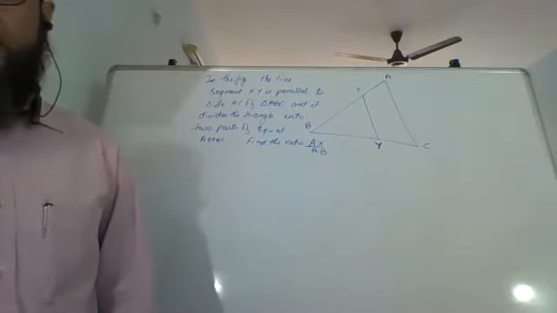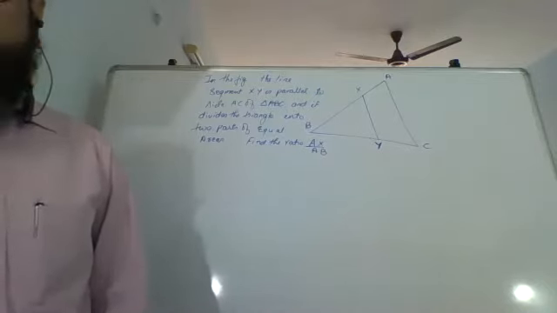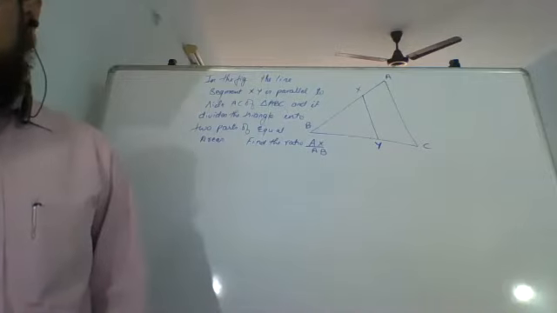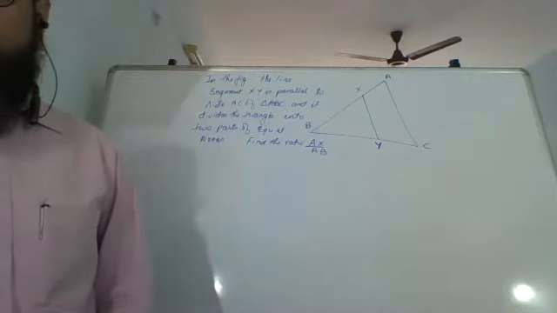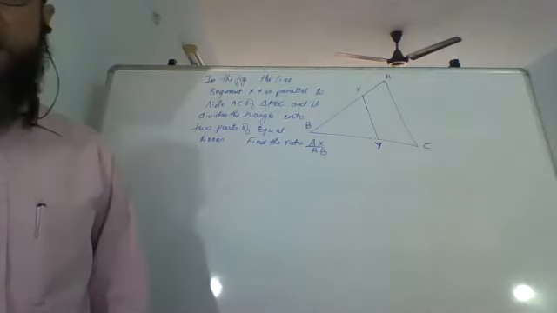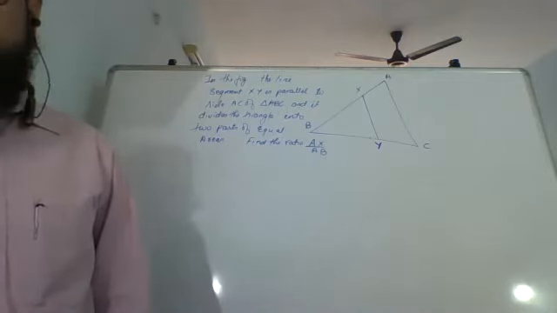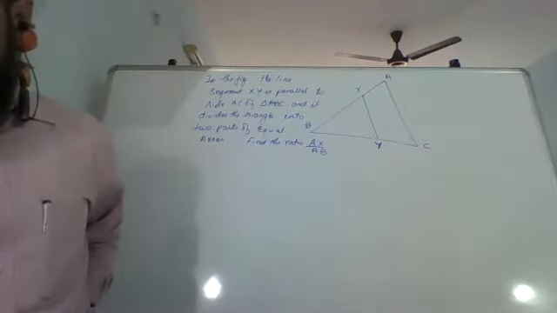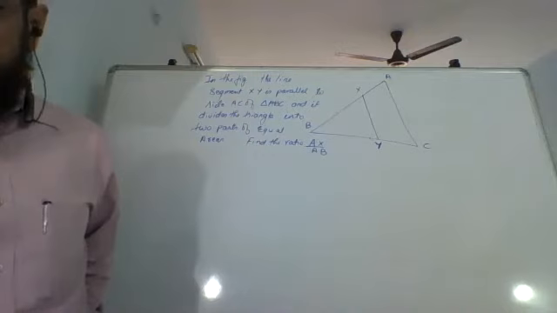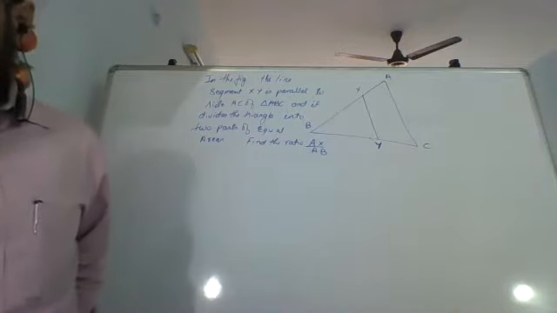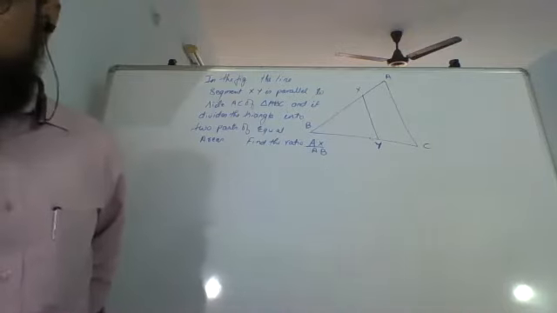Find the ratio AX upon AB. Okay. Copy this question. Let's see what is the ratio. AX upon AB is what we have to find out.